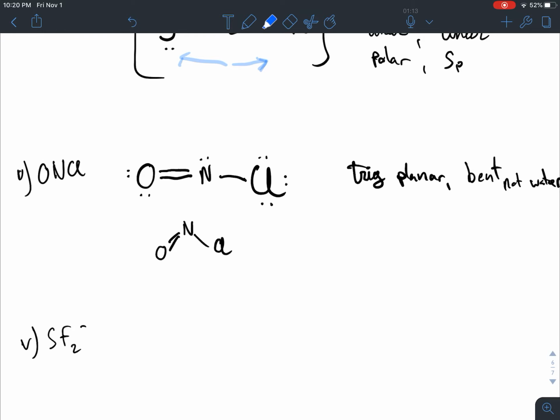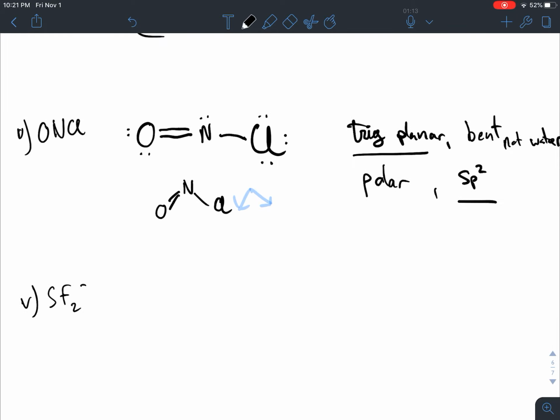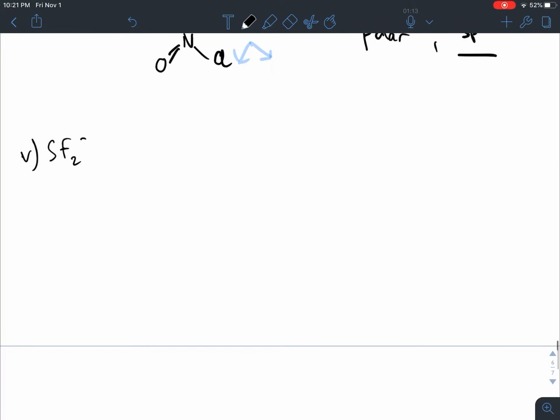And these are both polar bonds. Well, I guess it's polar, as we can see. And it is sp2 hybridized because it is trigonal planar, the base shape, so therefore it is sp2 hybridized. Those directly imply each other.